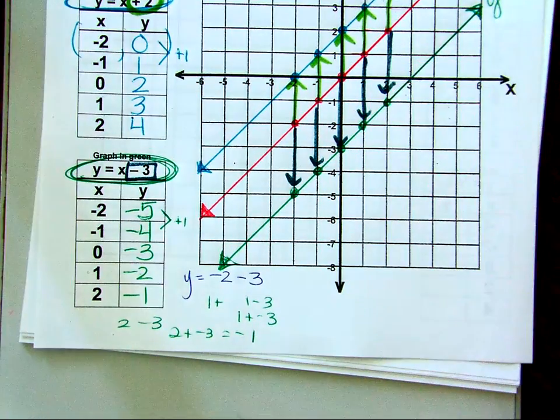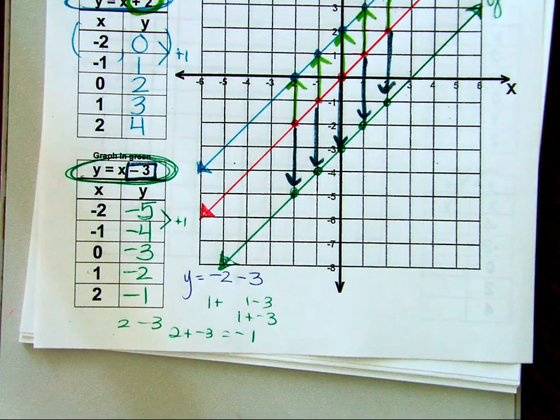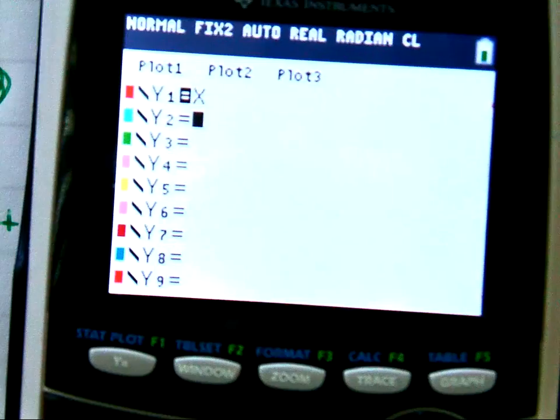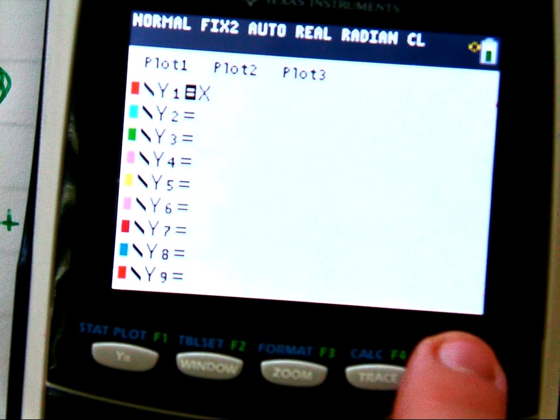Got it? So here's what we're going to start to be able to do now that we are familiar with this. I have a really cool calculator that graphs in color. Here's me in red, I want to graph what y equals x looks like.